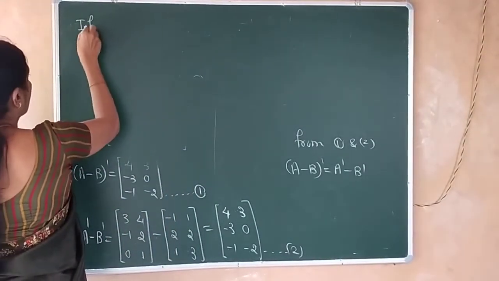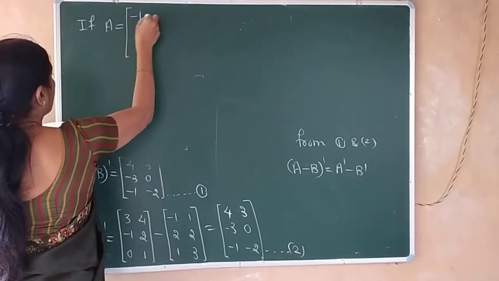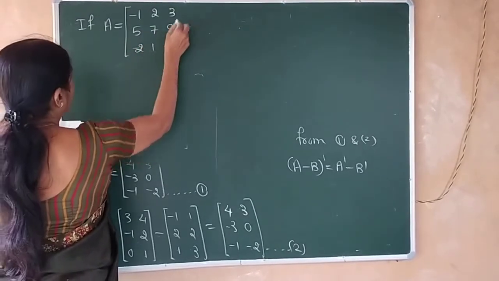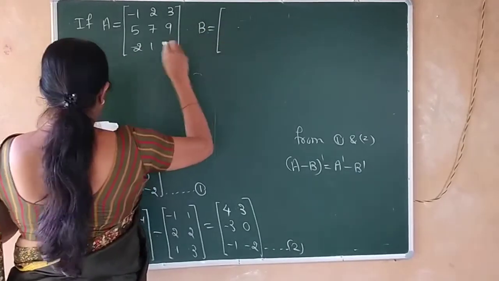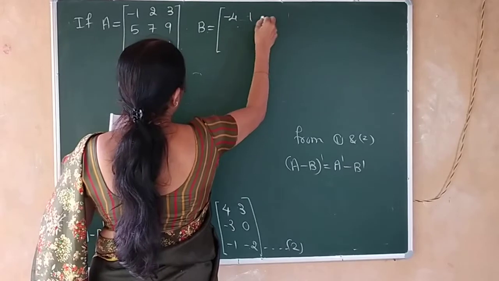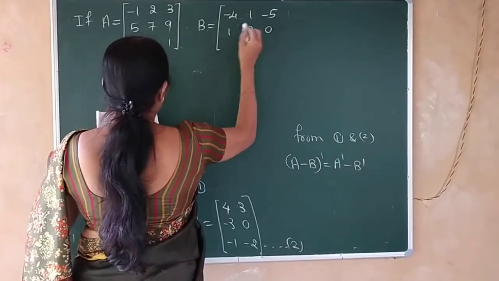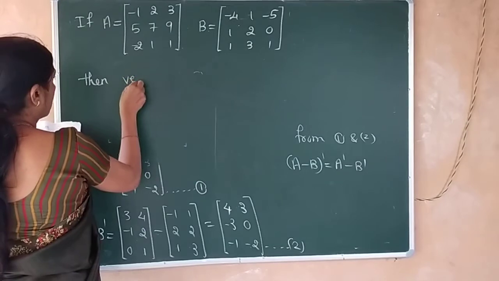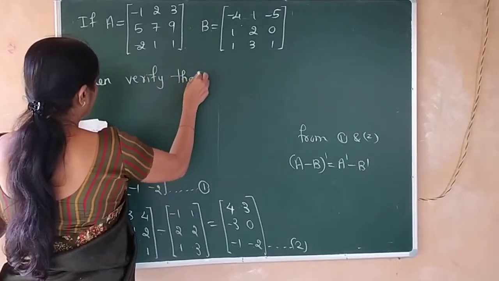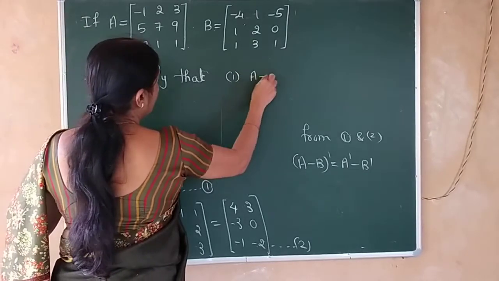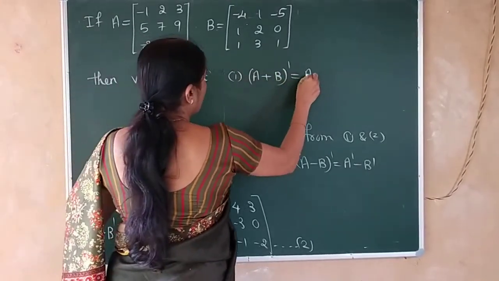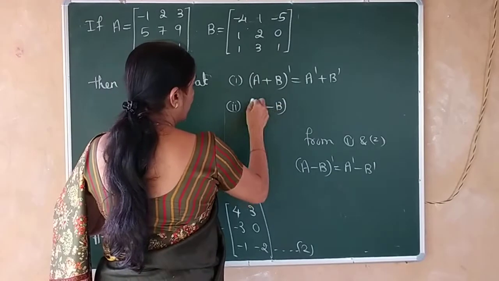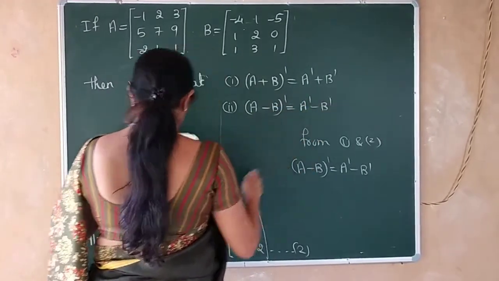Note down that if A is equal to minus 1, 2, 3, 5, 7, 9, minus 2, 1, 1 and B is minus 4, 1, minus 5, 1, 2, 0, 1, 3, 1, then verify that first one, A plus B whole transpose is equal to A transpose plus B transpose, and the second one, A minus B whole transpose is A transpose minus B transpose.